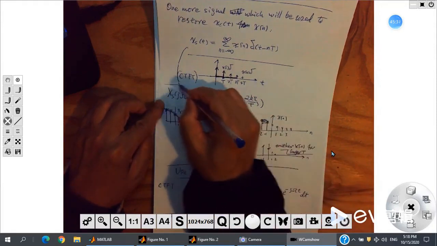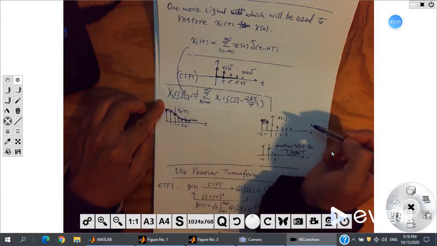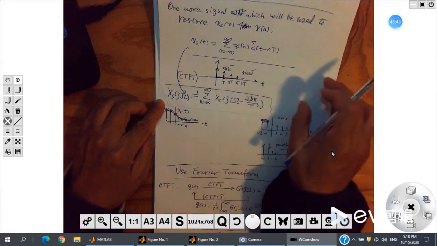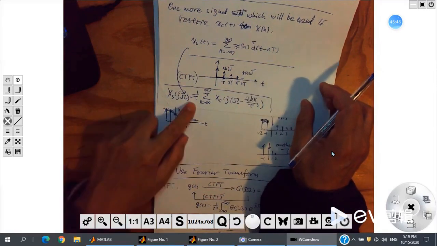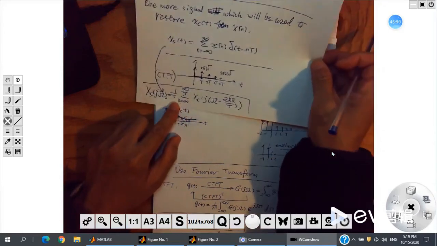The next time I will use this to restore the original signal. You can think about what it is.